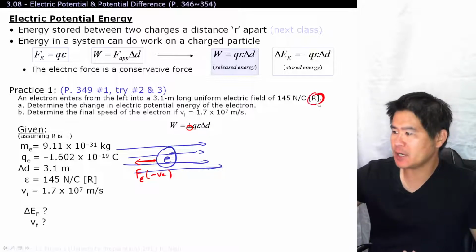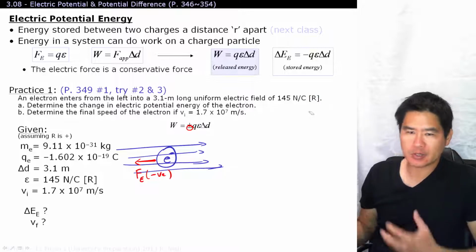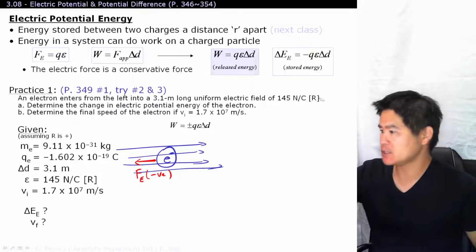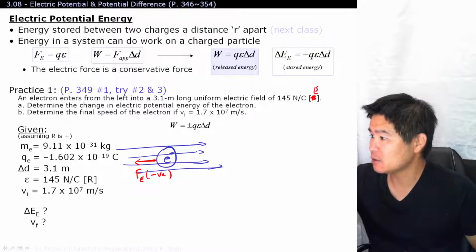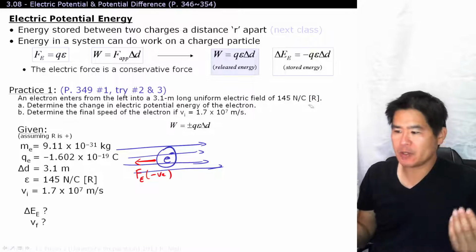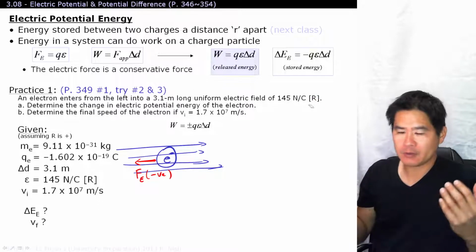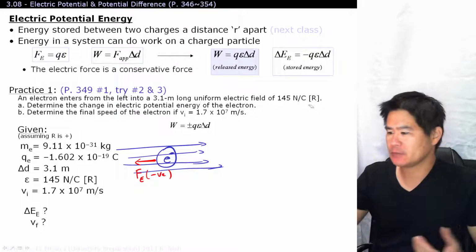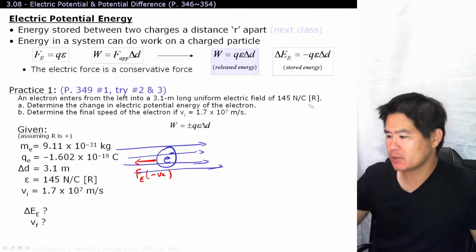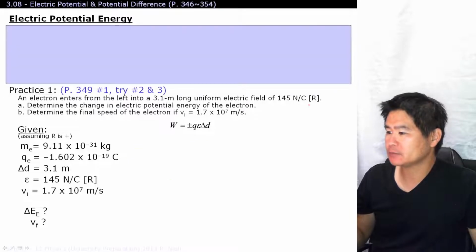What if it's pointing towards the left, then what sign will you use? It has nothing to do with the charge, because it could have just been towards the east, let's say, and that would mean nothing to you. So you really just have to think about how the field is impacting that charge. In this case, with a negative charge, it's impacting in such a way that it's going to decelerate, so it is going to perform negative work here.